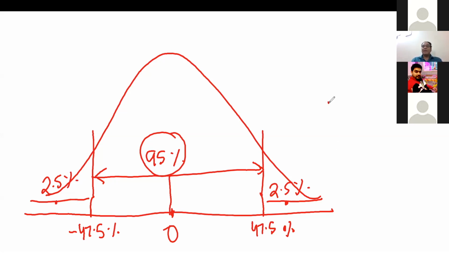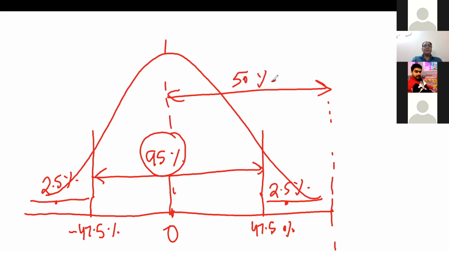Software takes this boundary, and the probability distance, this is exactly 50%, and this distance is also 50%. So software calculates, suppose your sample lies here.